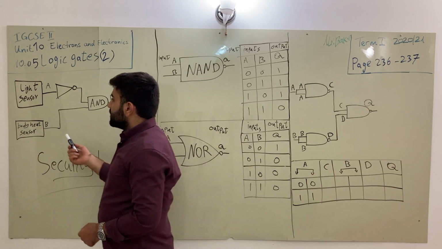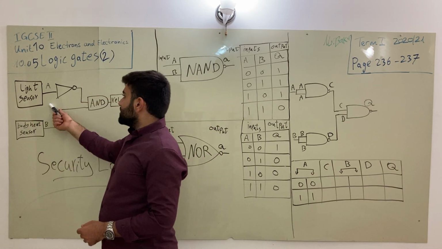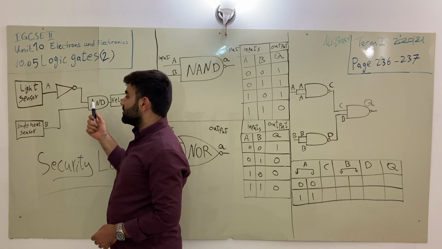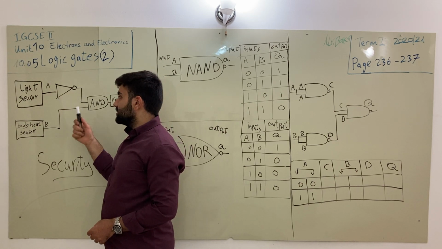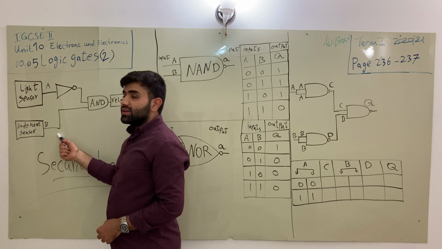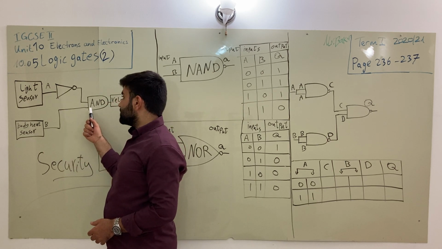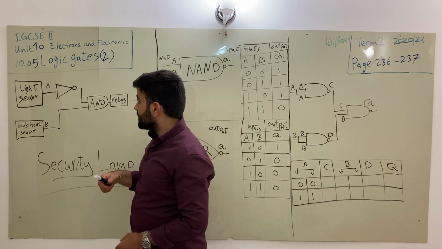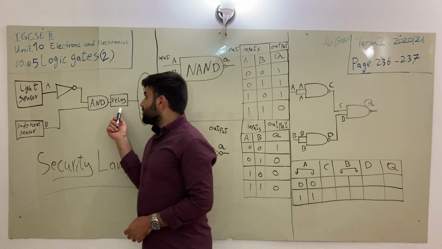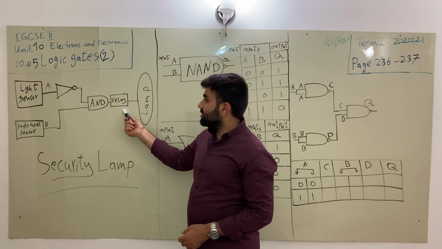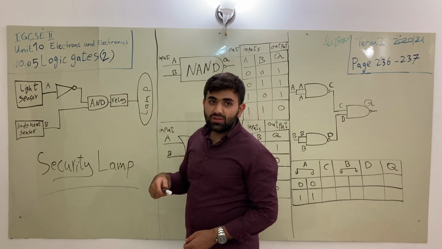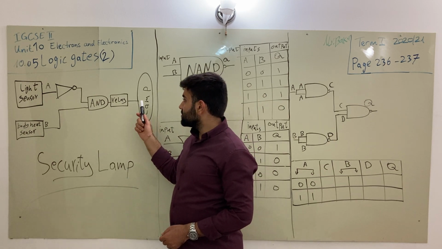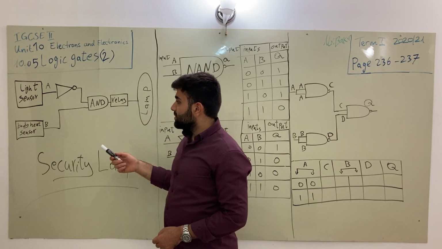Okay. So now if this gives us 0, after the NOT logic gate it will give us 1. And this will give 0 or 1 to the AND gate. So the AND gate's output to the relay will switch on the lamp.